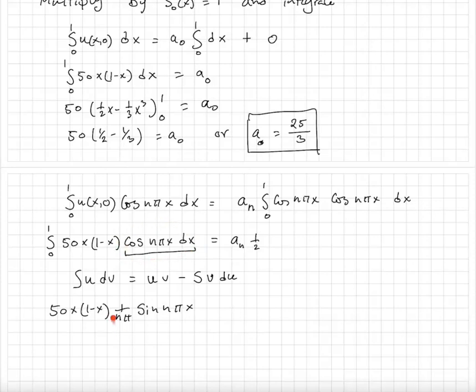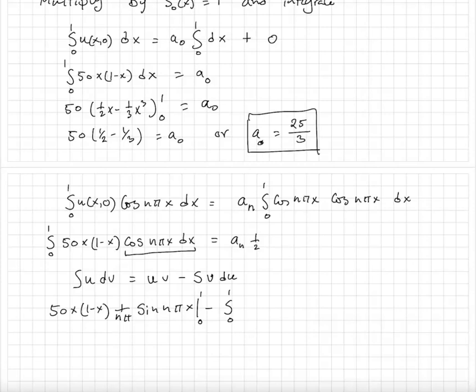You just think here, differentiate that sine n pi x, the derivative will be n pi, so n pi cancels and I get cos n pi x. Okay. And then I have another integral. This will be evaluated from 0 to 1. And then I will have a second integral from 0 to 1, and this time v du.